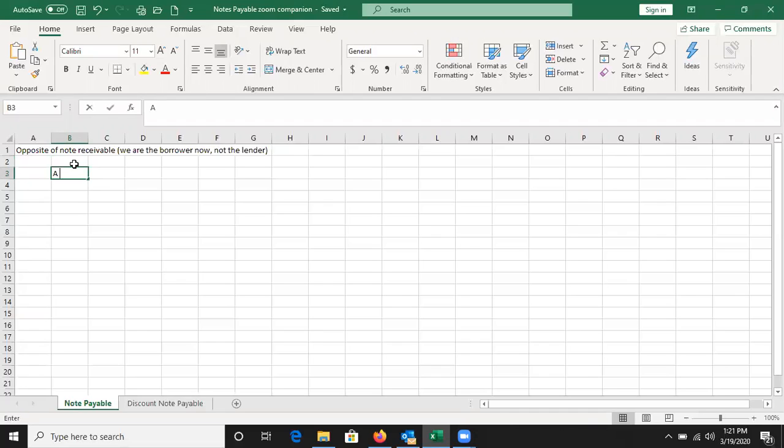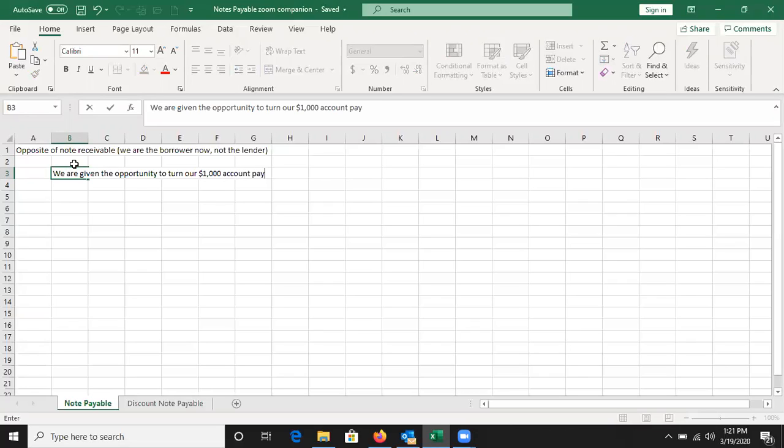So we're going to say we are given the opportunity to turn our $1,000 account payable that we owe another company into a 90-day 12% interest note.